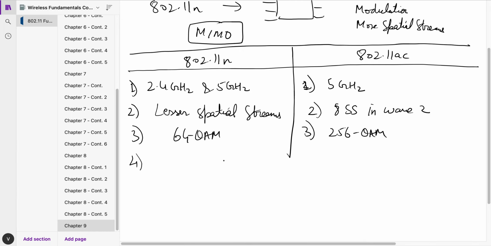The fourth difference is that in .11n, beamforming was introduced but not widely used, right?